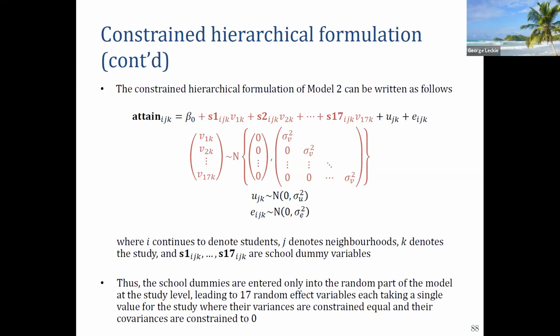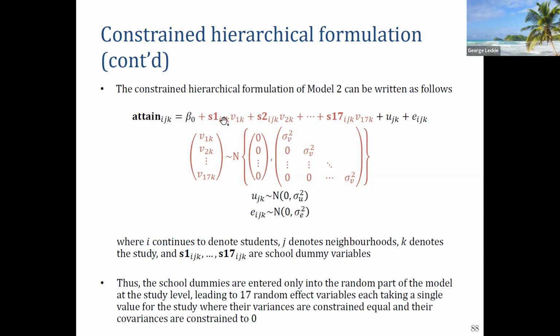And then we've got student residuals. That's fine. Students are nested within neighbourhoods. We've got neighbourhood effects. Good. So how do we get the school effects? This is the bit in red, which is what looks weird. You put in a school dummy variable for each and every school. And there's 17 of them. So you have 17 dummy variables in the model, but you do not estimate their regression coefficients, because that would be an economist fixed effects approach, a dummy variables approach. So we're not doing that. Okay. So there's no betas on these dummies.